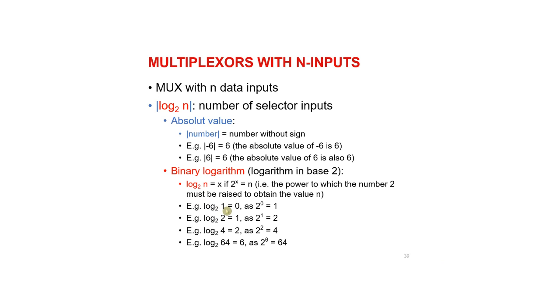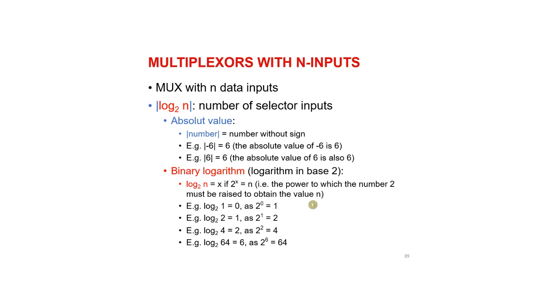So if I have 1 input in the multiplexer, I only need 1 selector. If I have 2 inputs, I only need 1 selector. In the multiplexers we saw yesterday, for instance, if we have 2 inputs, A and B, we only need 1 bit to select that input. With 1 bit, we can select those 2 inputs.